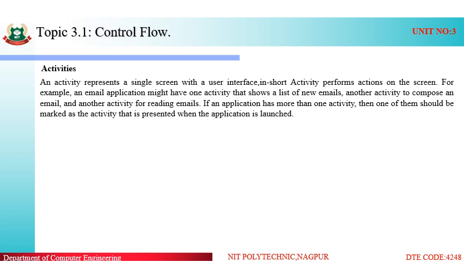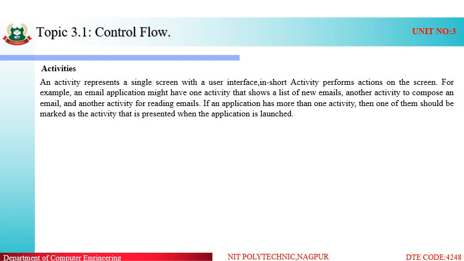So the first part we will see in detail, that is activity. Activity is nothing but the UI screen which appears on our mobile device. Activity performs actions on the screen. Whatever the user has to perform, or whatever action needs to be performed, is placed on an activity. For example, an email application might have one activity that shows a list of emails.